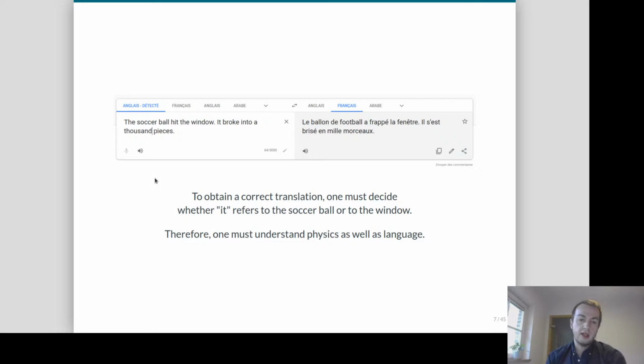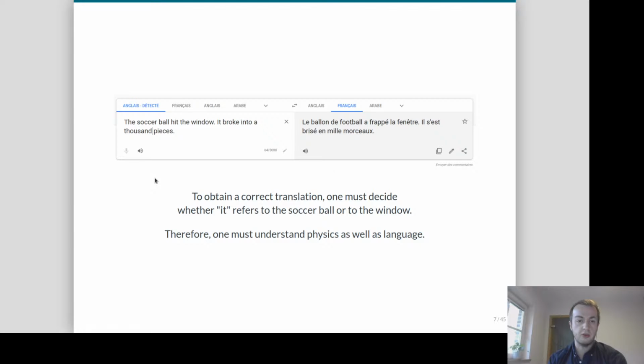More fundamentally, I would say that any machine translation system should also in some way be able to understand what I would call the physics of the world, as well as languages.